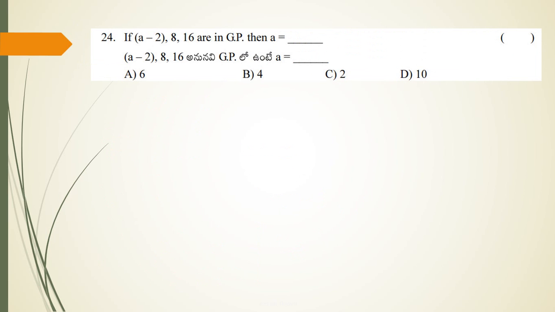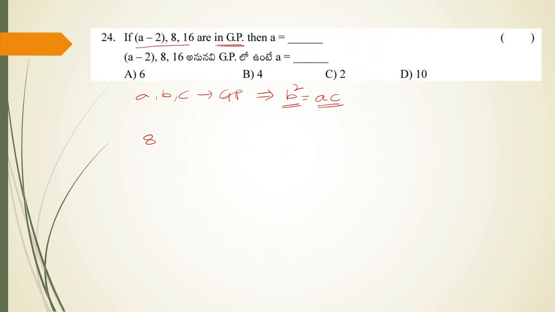Right, next moving on to question number 24. What has he given? These 3 terms are in GP. We already know that when a, b, c are in GP, it satisfies this condition: b square is equal to ac. The square of the middle one is equal to the product of the remaining 2.